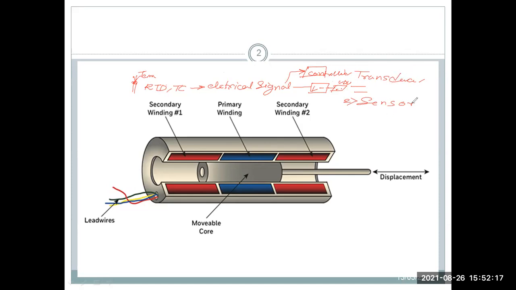Sometimes this comes in a single device, and sometimes we need them separately. A transducer is a device which can convert any physical phenomenon into an electrical quantity. In this topic we are going to discuss the LVDT.